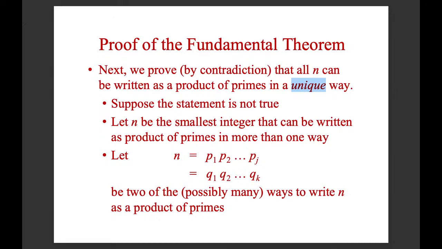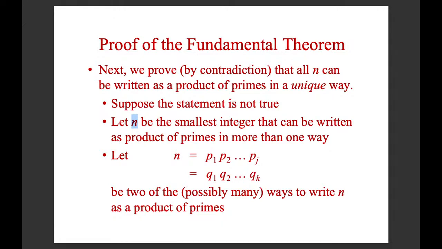Then let's find the problematic number n, and if there are more than one, we find the smallest one creating the trouble. So we let n be the smallest integer that can be written as a product of primes in more than one way. So n can be written as p1 times p2 up to pj, and it is equal to q1 times q2 up to qk.